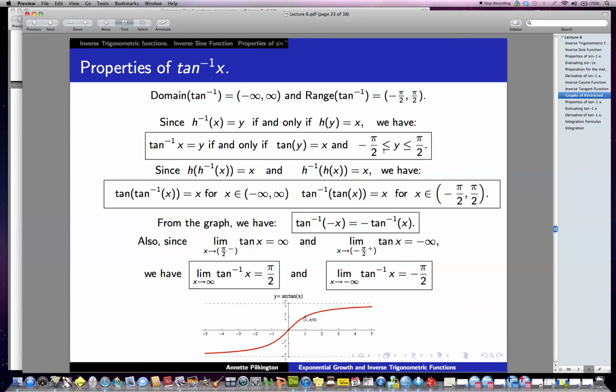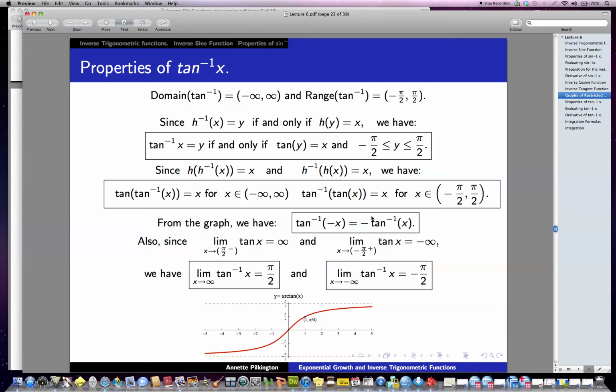In other words, y is the unique angle in this interval for which tangent of y equals x. We have tangent of tan inverse of x equals x for all x, and we have tan inverse of tangent of x is equal to x for x between minus pi over 2 and pi over 2.